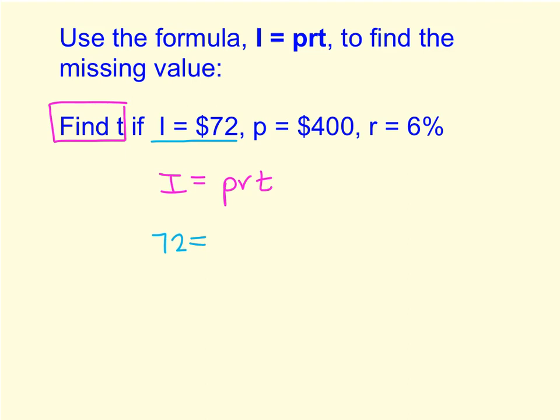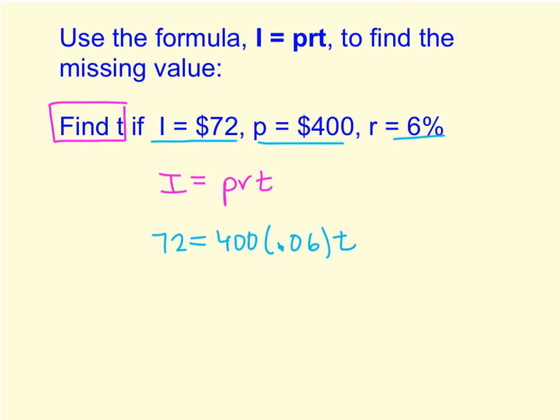Now we need the P. Well, the P is equal to $400. So 400 times the rate, 6% as a decimal is 0.06. And then we have the time. That's the thing we're trying to find, so we're just going to leave that as a T. So we've created an equation that we have to solve. It's actually just 2 steps to solve.